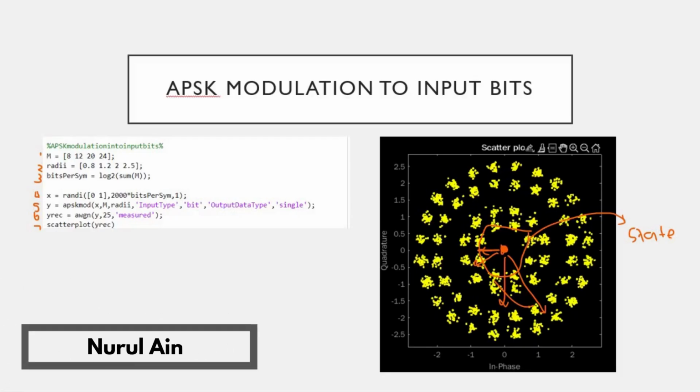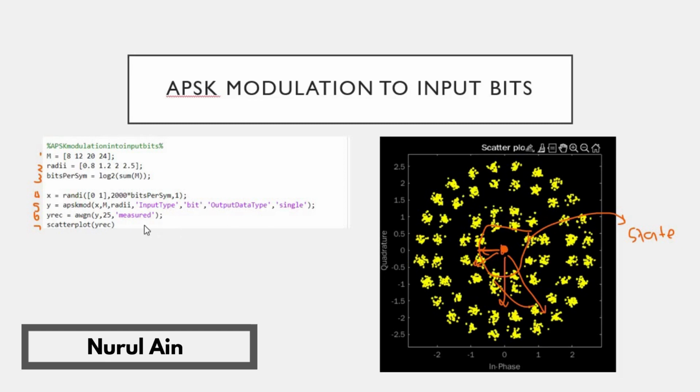The first line explains the number of circles in each state, where the first state is 8 circles, second state 12 circles, and so on. While the second line shows the radius of each circle in each state from the main point. 0.8 refers to the innermost state radius from the main point, while for the second state is 1.2, followed by the third and the fourth state.